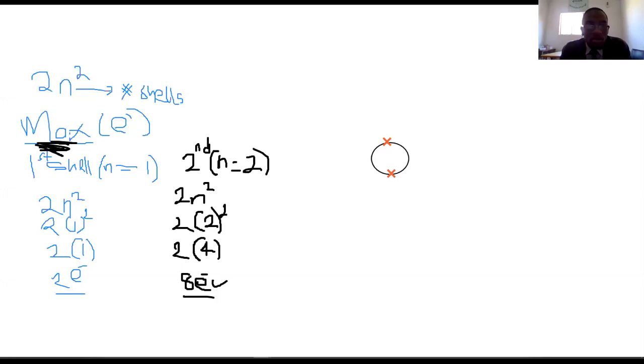So if this is our second shell, therefore the maximum number of electrons should be 1, 2, 3, 4, 5, 6, 7, 8. Then let's go to the third shell.